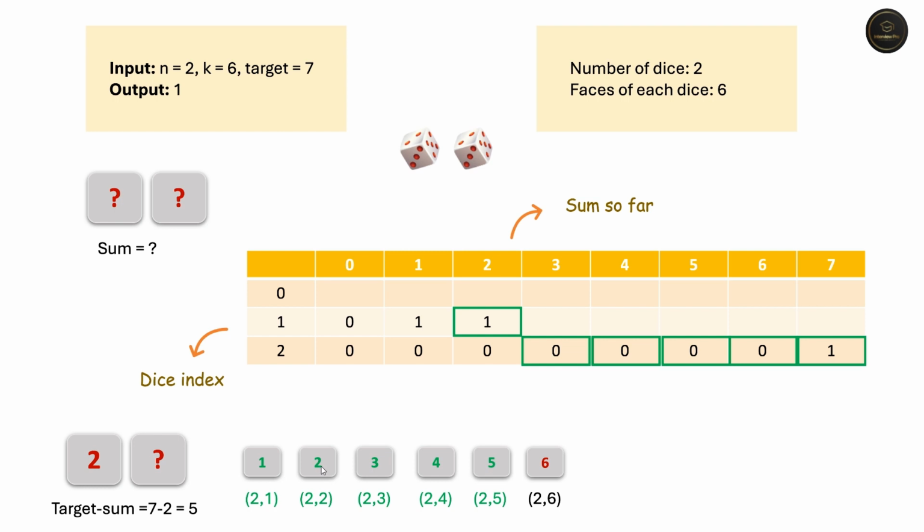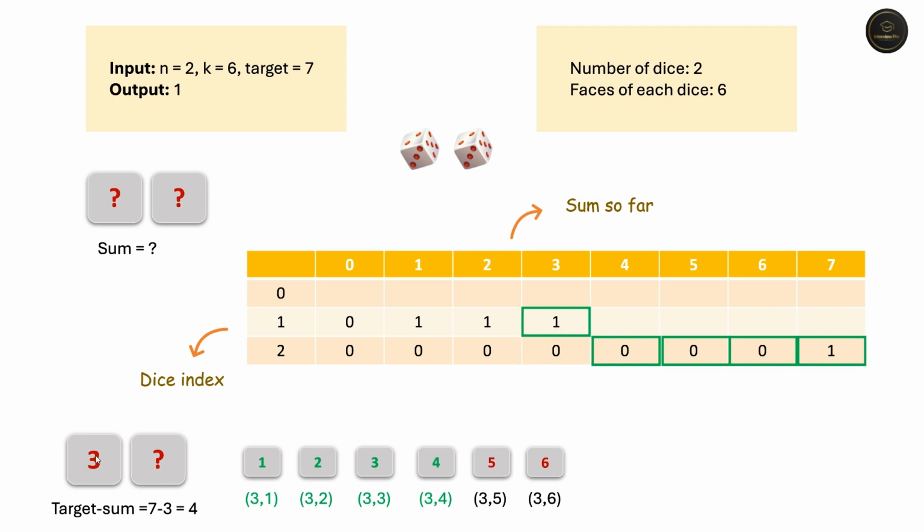Now if I choose the face 2, adding it to the previous sum would give me the sum 4, which has 0 possibilities. Then adding 3 would give me the sum 5, which has 0 possibilities. Adding 4 would give me 6, which has 0 possibilities. Adding 5 to 2 would give me 7. And what is the number of possibilities? 1. So if you add all these counts, it would be 1.